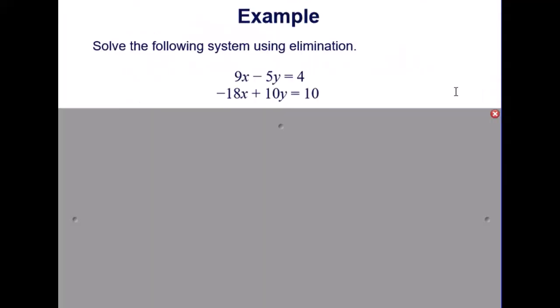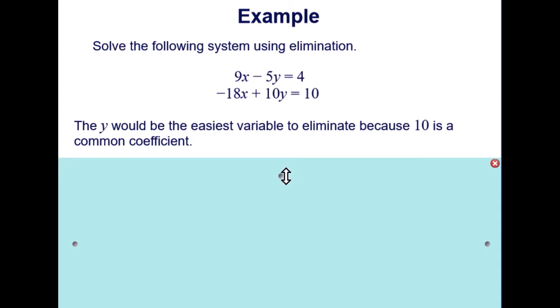Here's an example of solving a system using elimination where a special case arises. We have 9x minus 5y equals 4 and negative 18x plus 10y equals 10. So we're solving using elimination. The first thing we need to do is eliminate the y variables because we have negative 5y and 10y, and 10 is a common multiple.